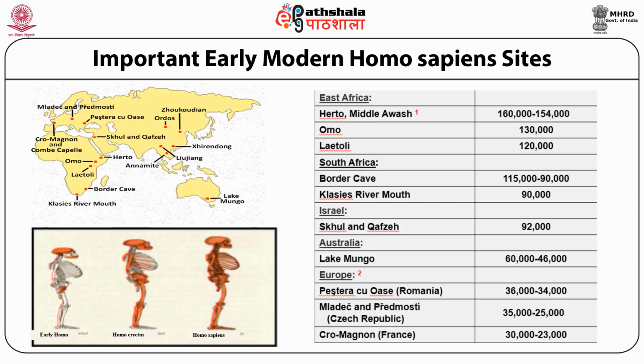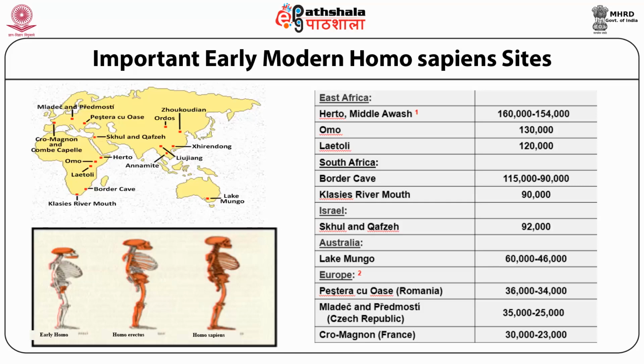In Israel, the sites related to Homo sapiens are Skhul and Qafzeh, whereas in Australia, the important site of Homo sapiens is Lake Mungo.